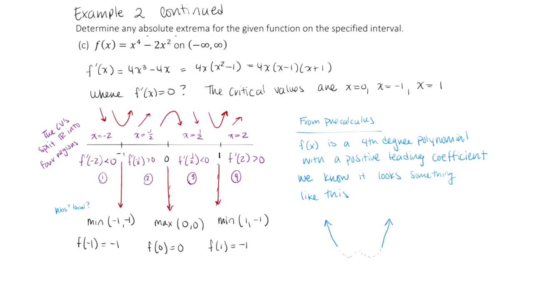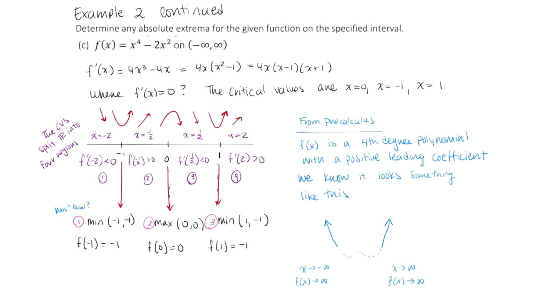And I'm leaving this with a dotted line since I don't want to commit to exactly what that is. But I know as x approaches negative infinity, f of x approaches infinity. And as x approaches positive infinity, f of x approaches infinity. So what does that tell us about my 3 points? Let's call this point 1, point 2, and point 3.